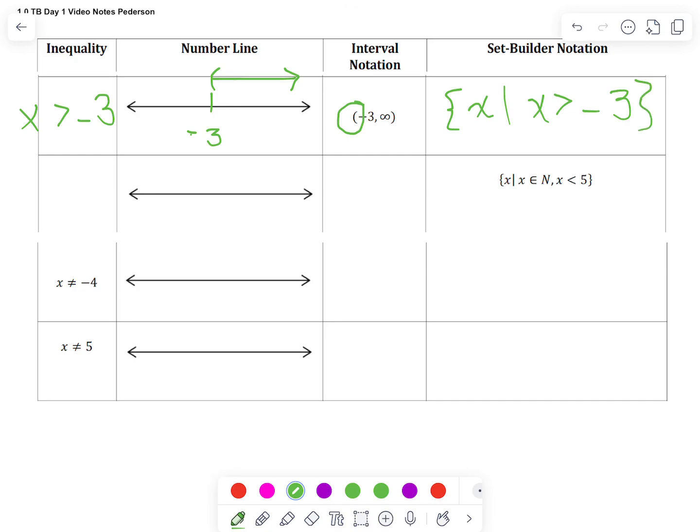The next one, we're giving you now the set builder notation. So these are our natural numbers of x less than 5 here. So we're going to start with 5 and go less than.